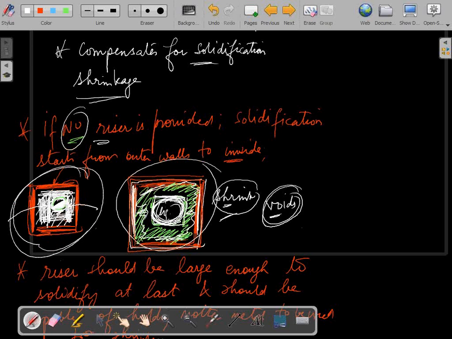So this is a defect in the casting. So no riser, understood. You need to have a riser in order to have proper solidification inside the casting or inside the mold cavity.